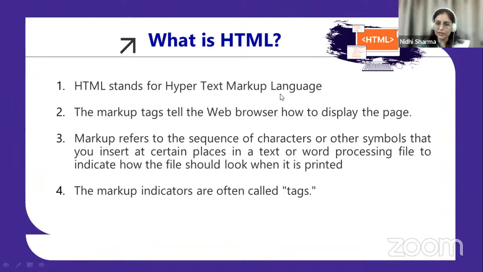Using these tags, we can use various markup techniques, and we can use various linking techniques also, so that we can move from one page to the other page. The markup indicators are called tags, which is the most important terminology being used in HTML. The entire HTML coding depends upon the terminology called tag.